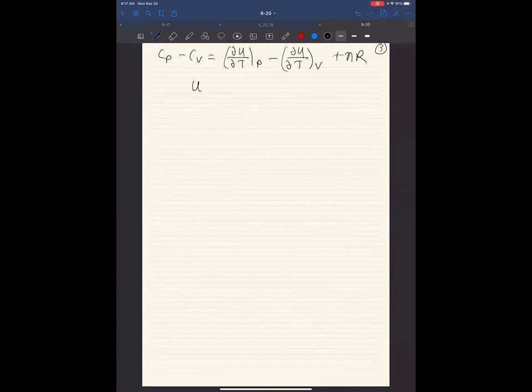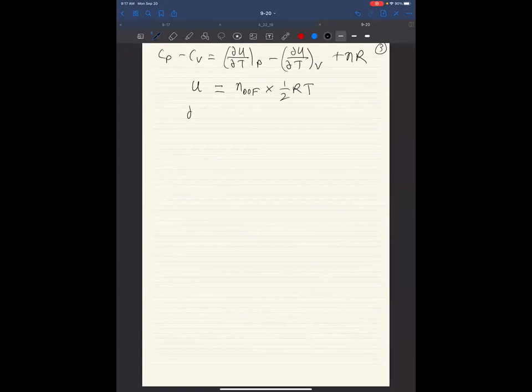Now, for an ideal gas, what do we know about U? It is proportional to the number of degrees of freedom multiplied by half RT. An ideal gas's potential energy does not depend on pressure or volume.